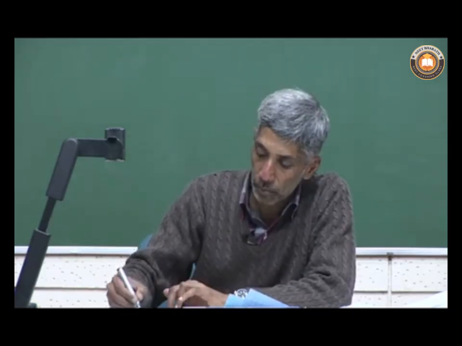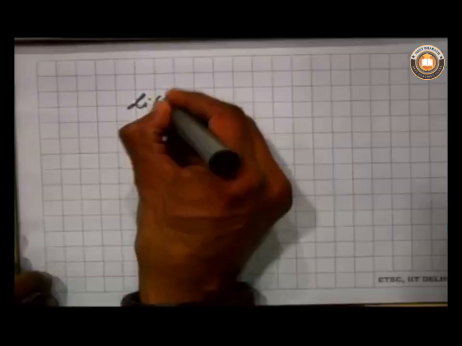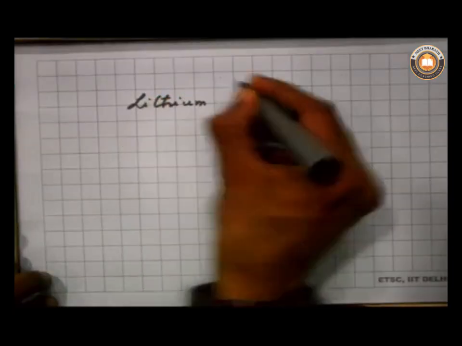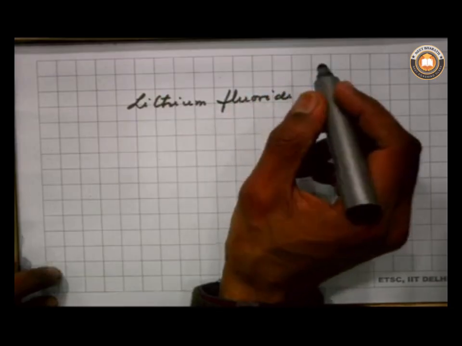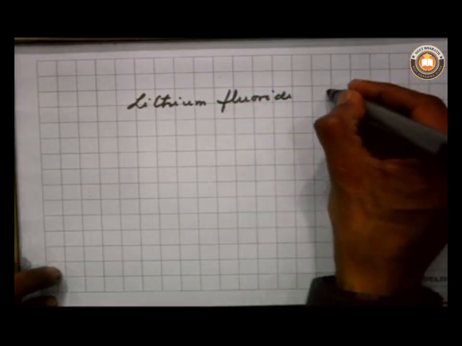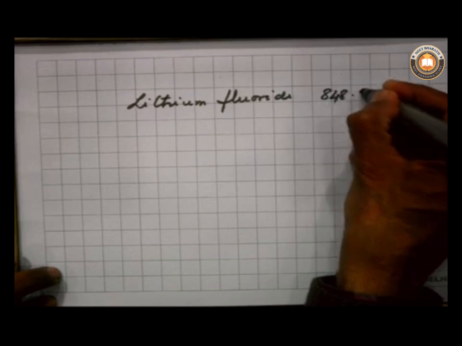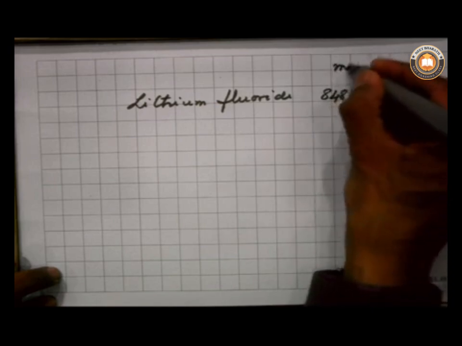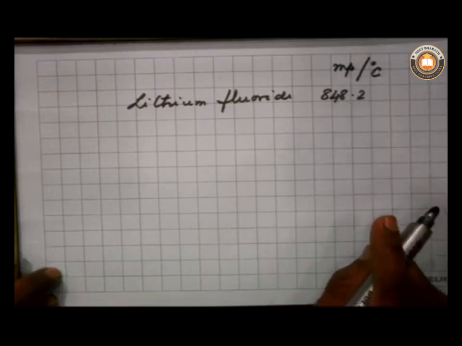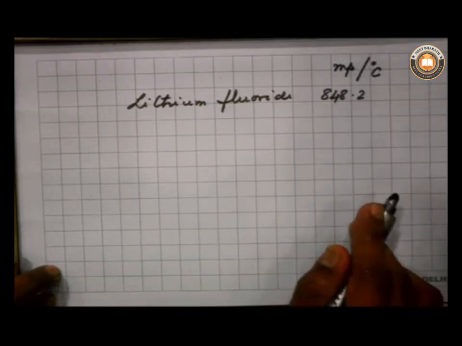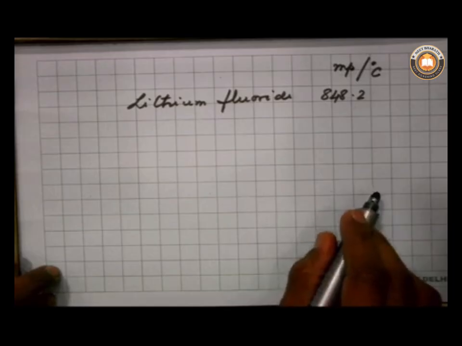And here is an example. You look at lithium fluoride, it has a melting point of 848.2. So, this is the melting point represented in Celsius. Lithium fluoride has a melting point of 848.2.